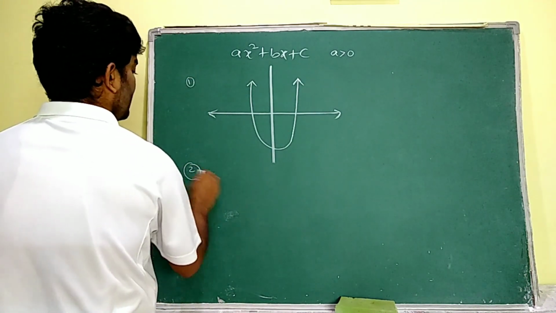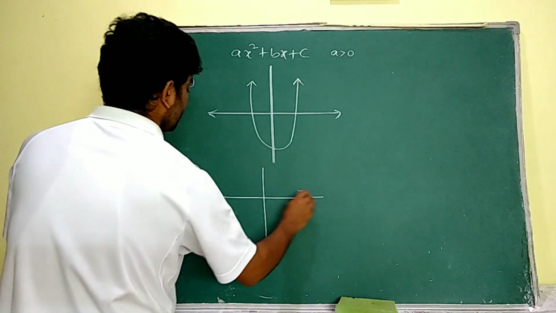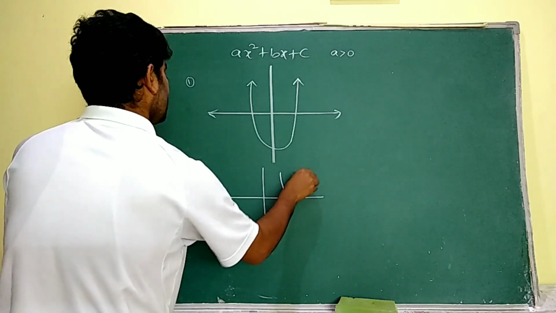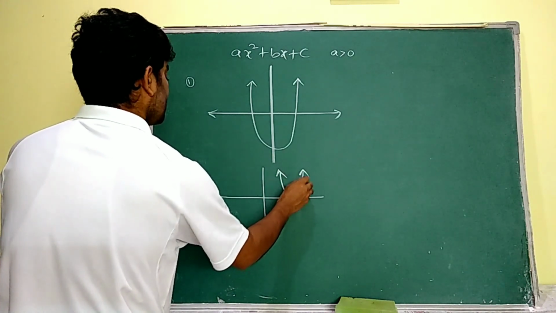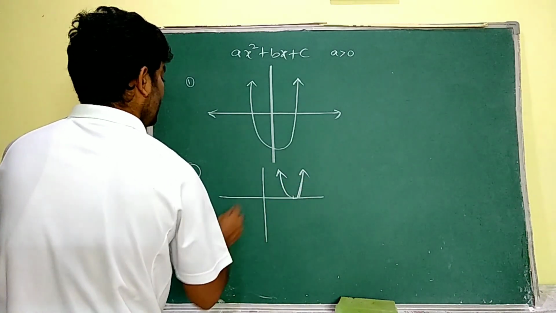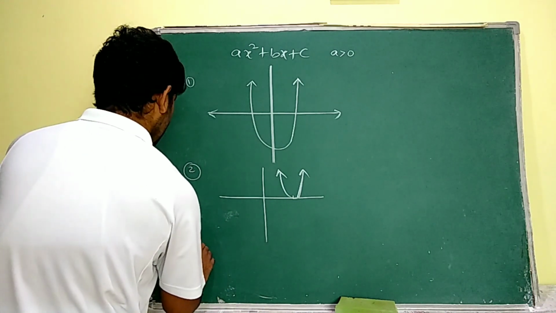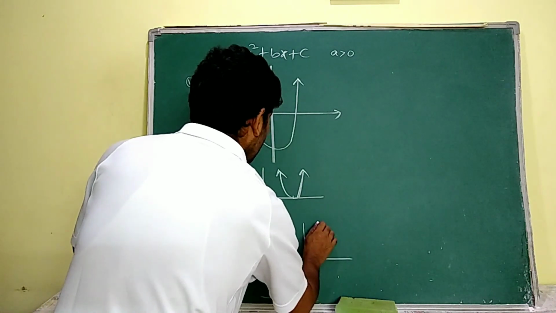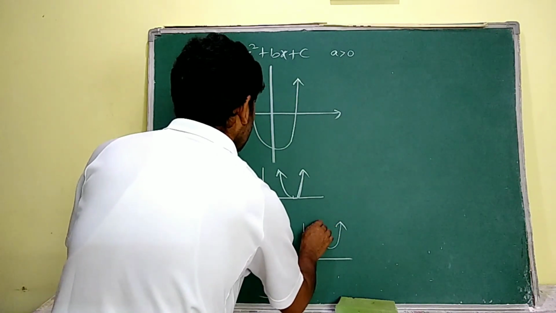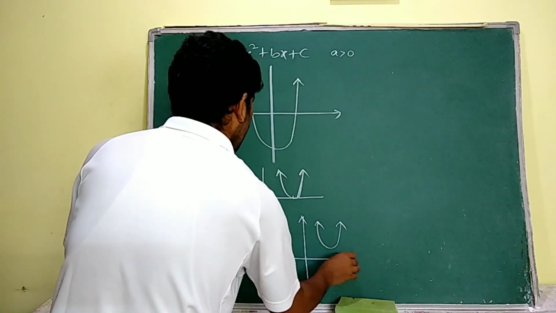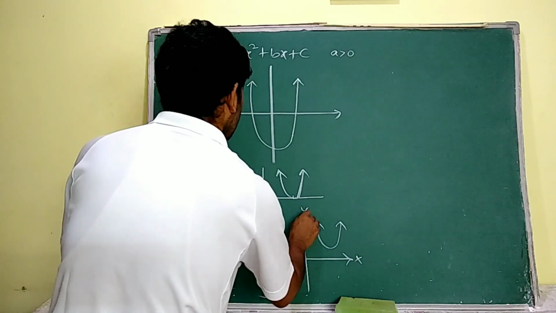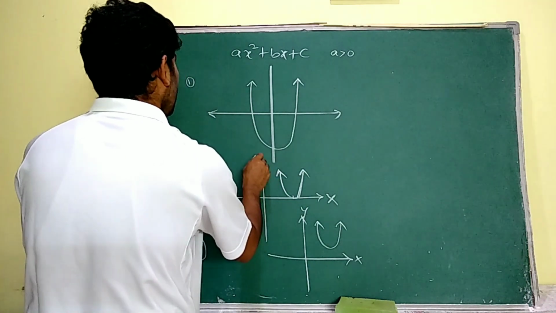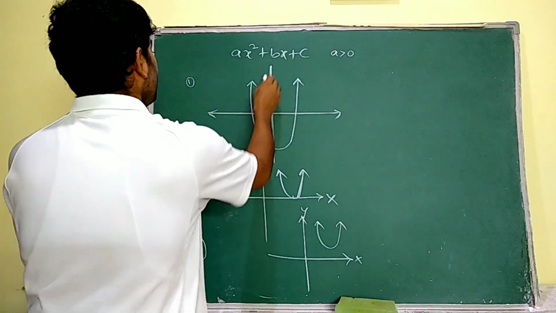Another case is the graph may be like this, that means it touches the x-axis at exactly one point. And in the third case the graph may be above the x-axis, that means it does not touch the x-axis. So like this we may have three different cases.